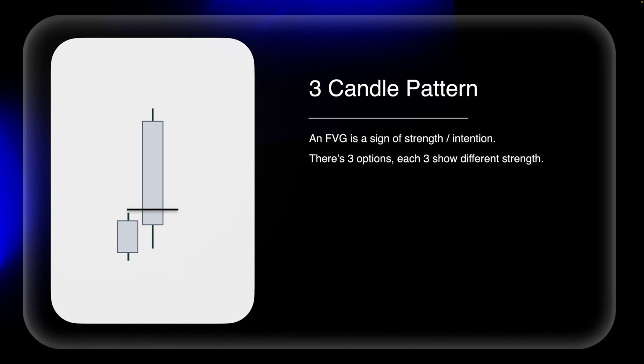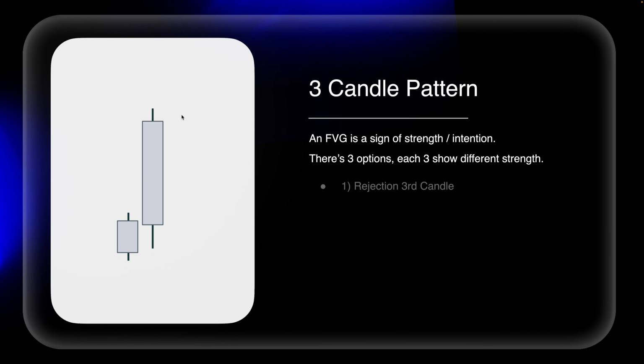So above the first candle high. And since it closes above the first candle high, it creates the future potential fair value gap in the form of this area right here. So this whole gray box is where we can potentially see a fair value gap.